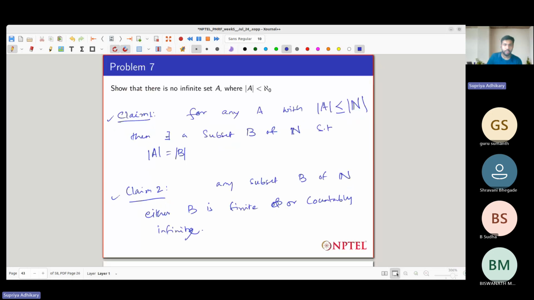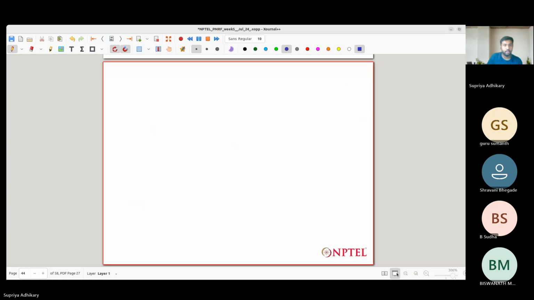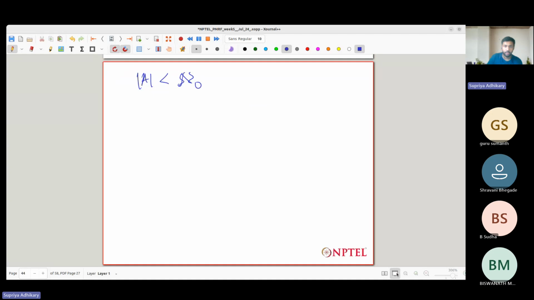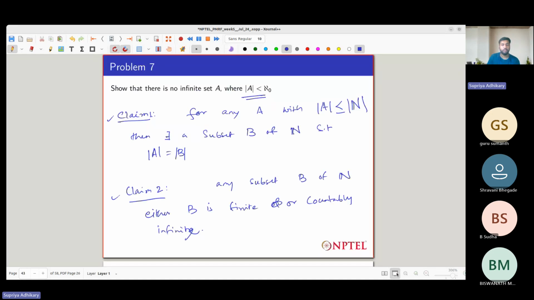So over here, as you can see, the cardinality of A is less than alpha. This is what we are given. We are considering this to be true, and then we will show that we arrive at a contradiction.